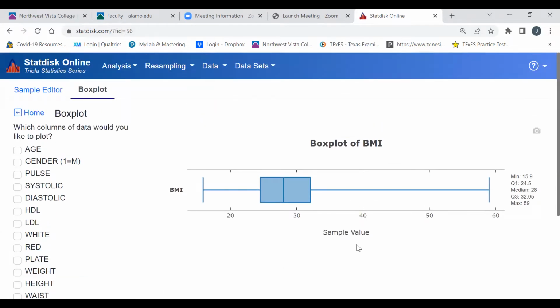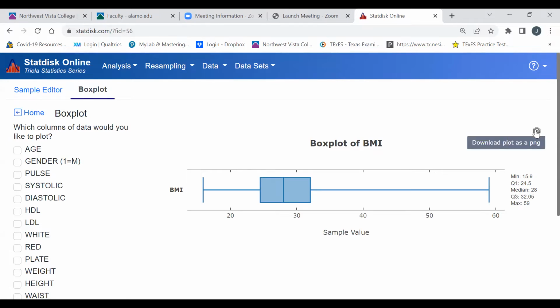Bam, there is your box plot. This one's definitely skewed to the right. Notice that it gave you the 5 numbers. There's your minimum, your Q1, your Q2 is your median. It's letting you know. Q2 is the median, Q3, and then there's your max.